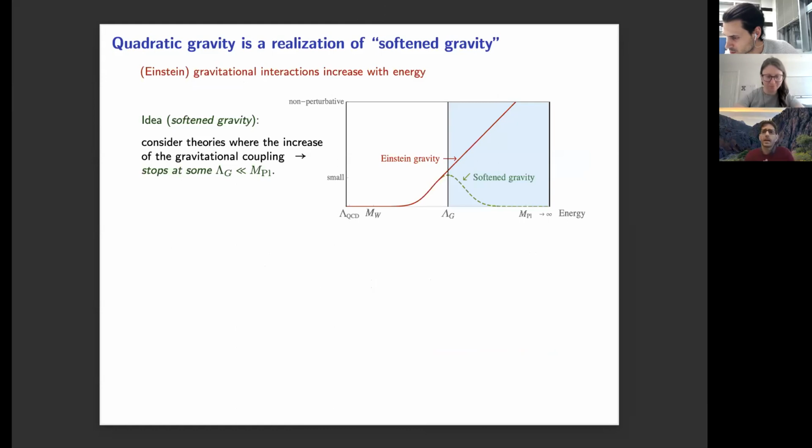Actually, this is a particular realization of presumably more general scenario that we call softened gravity. The idea is that maybe Einstein gravity is a good description only up to some energy which is intermediate between the electroweak and the Planck scale, and after that gravity gets softened, becomes very, very weak.